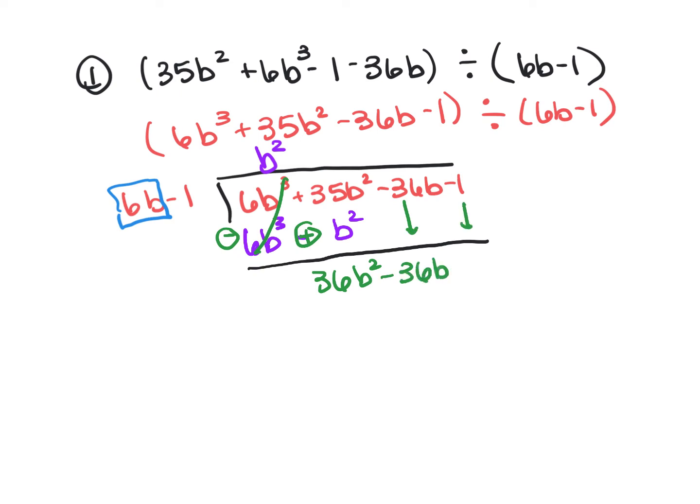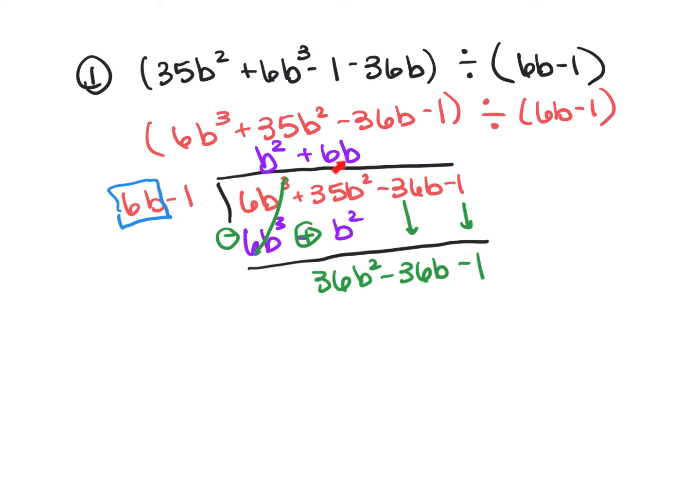And then we'll bring down everything else in this equation, and we'll start that process again. So in this case, we need to see how many times will 6b go into 36b squared. What times 6b is equal to 36b squared? So that's going to be a positive 6b.